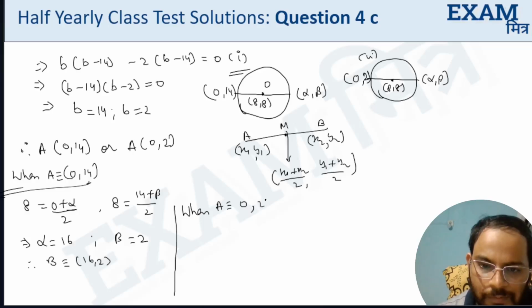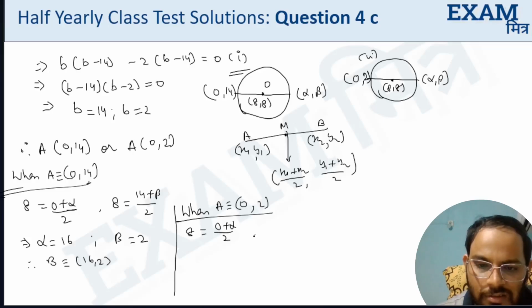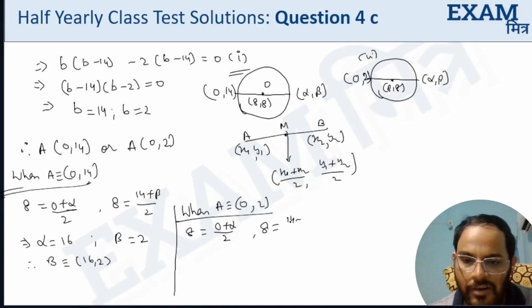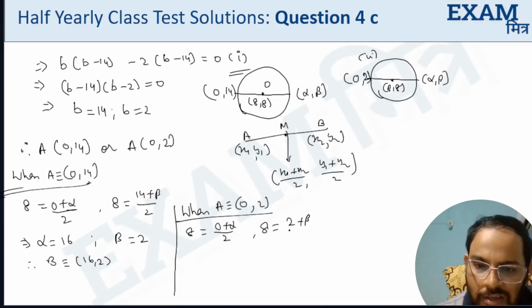What happens if A is (0, 2)? In that case, we will use the same concept: 8 equals (0 + alpha)/2, and again the second 8 equals (2 + beta)/2. Sorry, we are using the second case, so this will be 2 plus beta by 2.